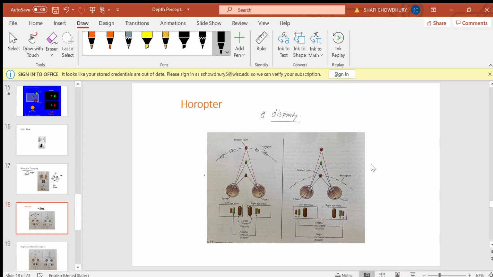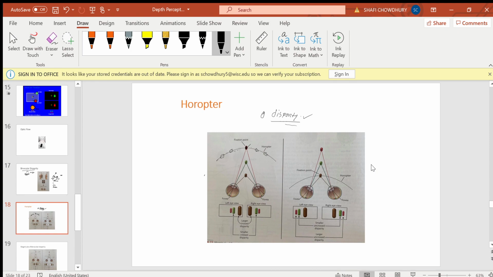There is no unoverlapped part. So that's the zero disparity and same depth in all these locations. Anywhere on the horopter, the distance or depth will be the same. Now this object is on the horopter line. If you fixate your eyes here, that's the zero disparity, right?